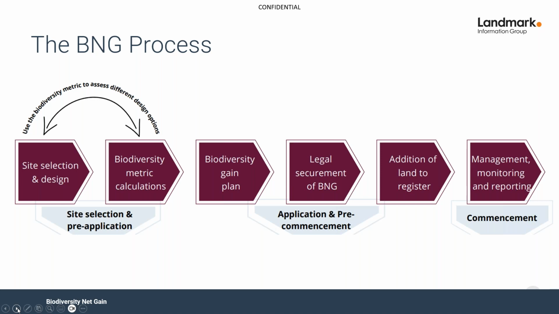If the application goes in and is approved, then it will be necessary to submit a biodiversity gain plan. And that plan will have to include a statement of how we've tried to minimize the adverse effects of development on the site that we are developing.